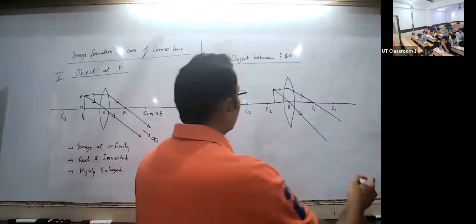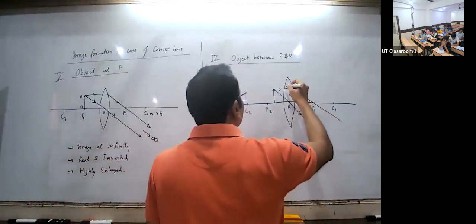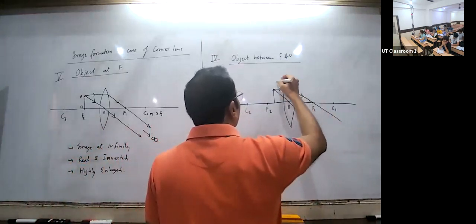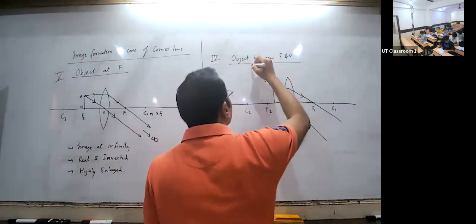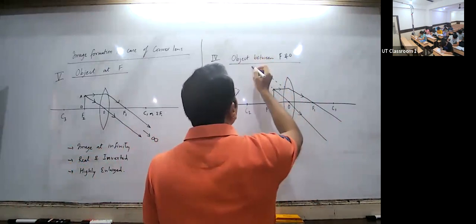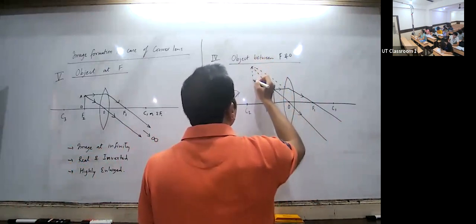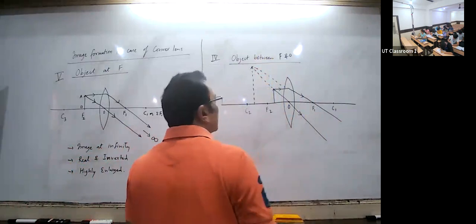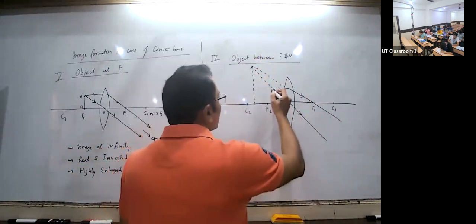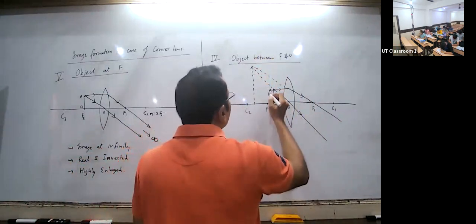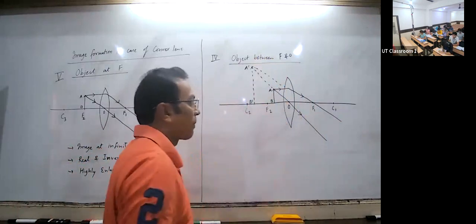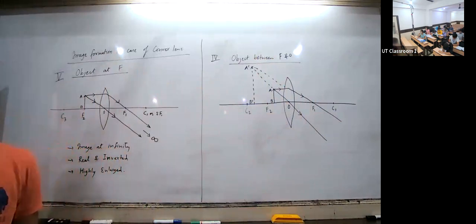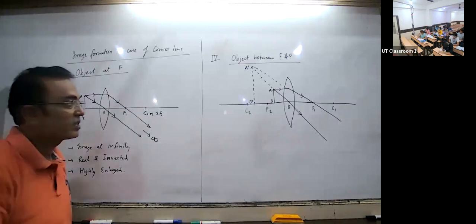So then we have to imagine that these are meeting somewhere in front of the lens. See, now the virtual image will form here. Okay, so this A'B'. Understood? It is reverse of the concave mirror case.